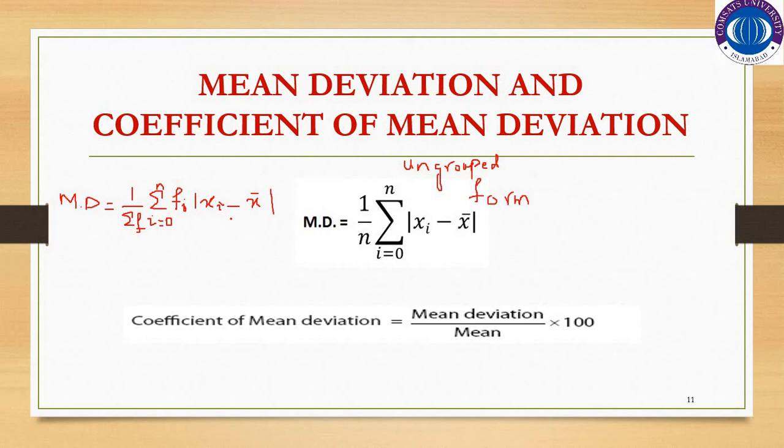So this is the formula for the grouped data, and this one is for the ungrouped data.